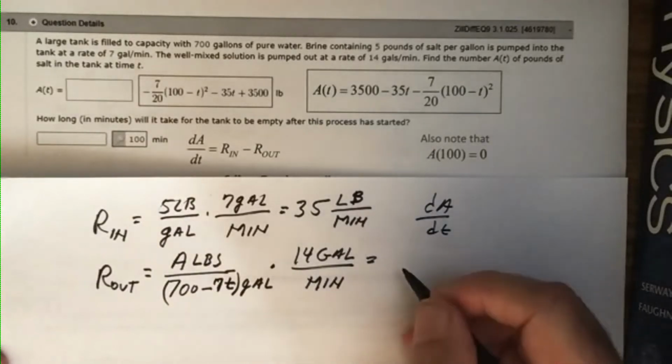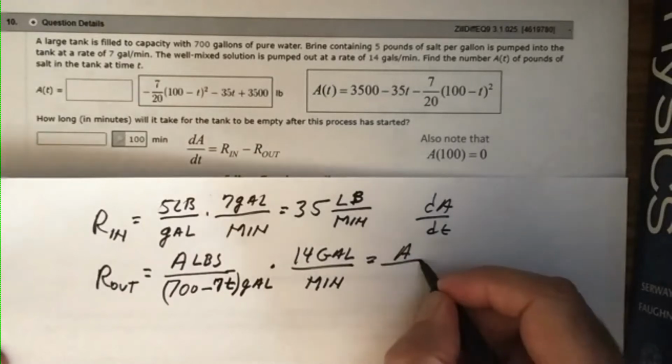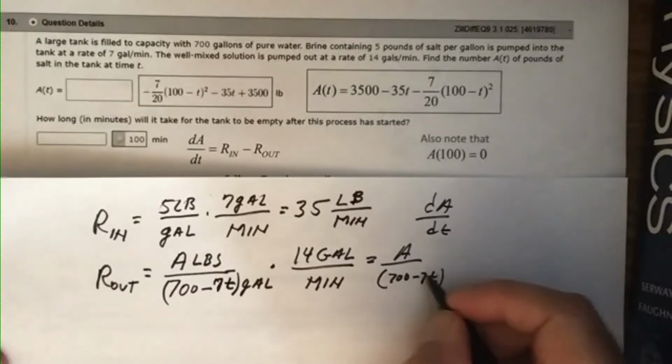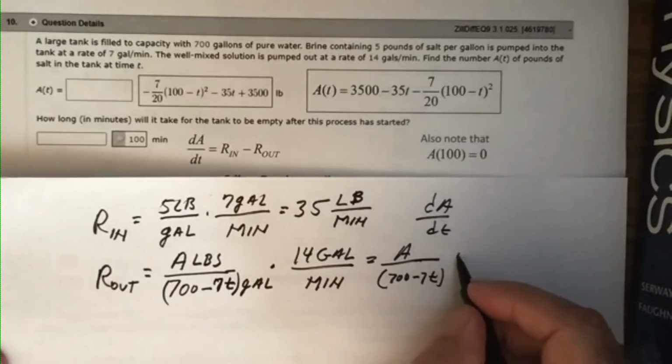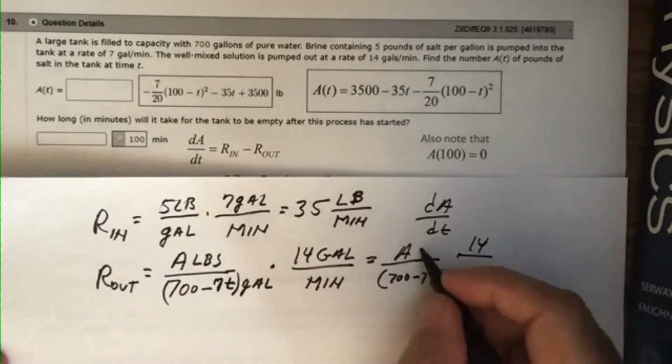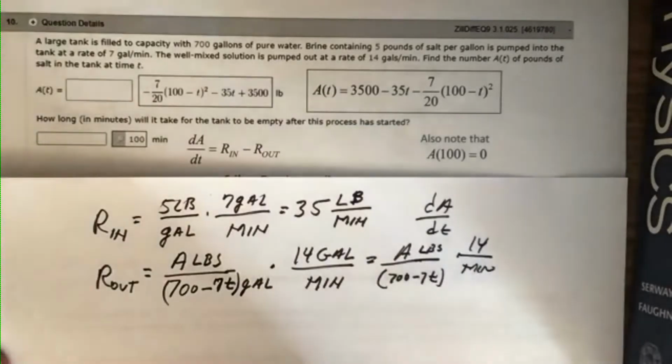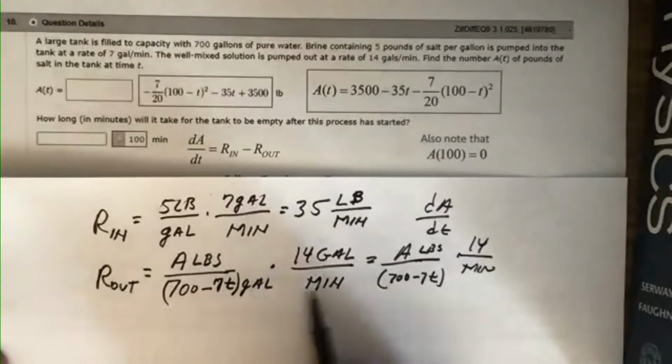So A is going to be 700 minus 7T, times 14. And then this is pounds, and this would be minutes, because the gallons cancel.